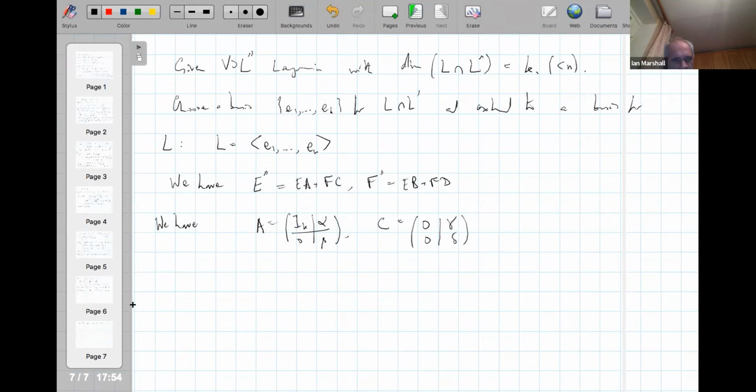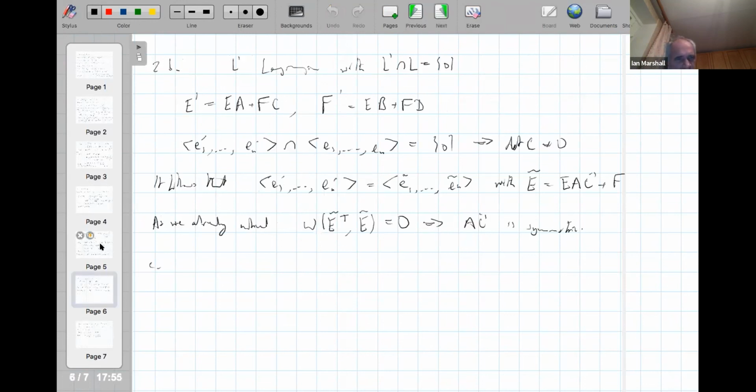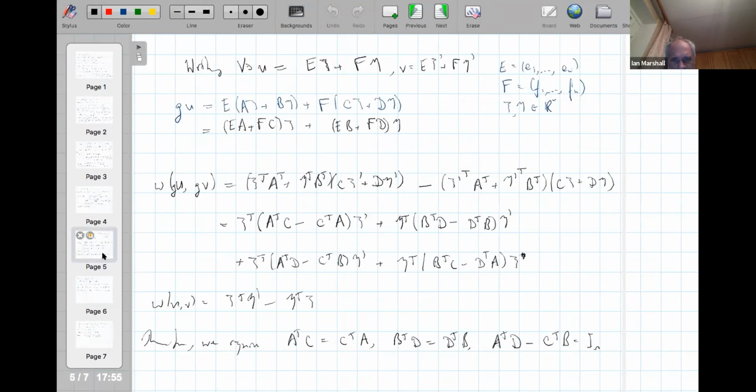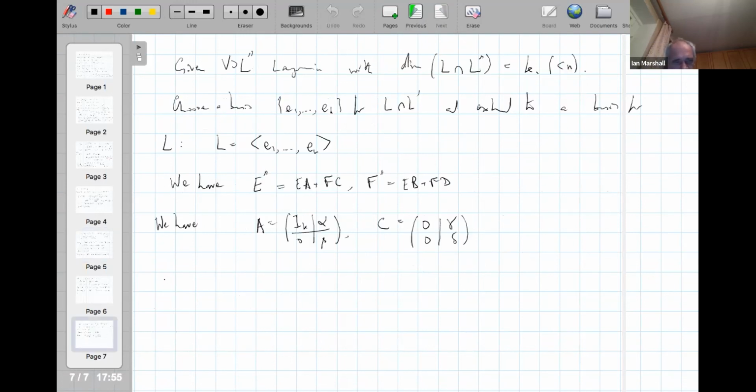Let's just go back, otherwise it will take too long. We've got A transpose C minus C transpose A equals C transpose A. So A transpose C minus C transpose A equals I, alpha transpose, 0, beta transpose, and here I've got 0, 0, gamma, delta.